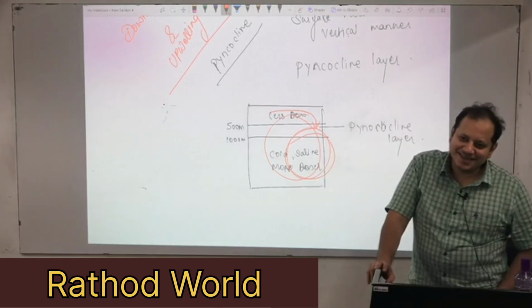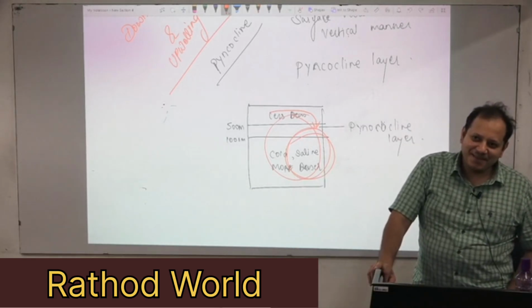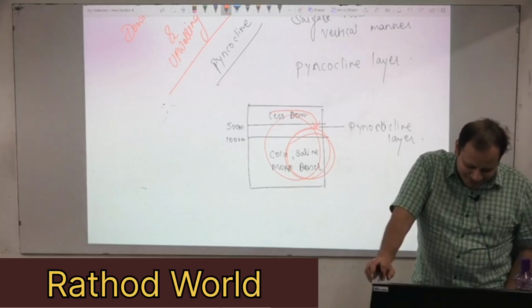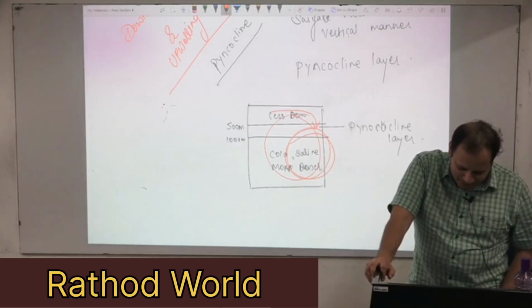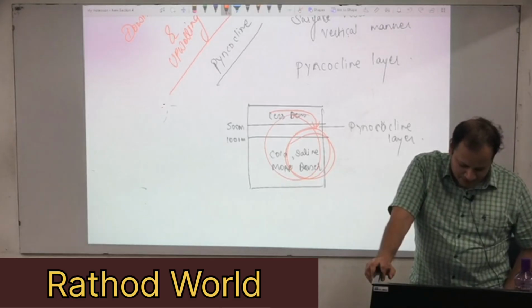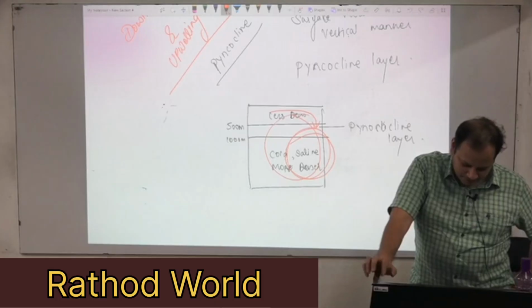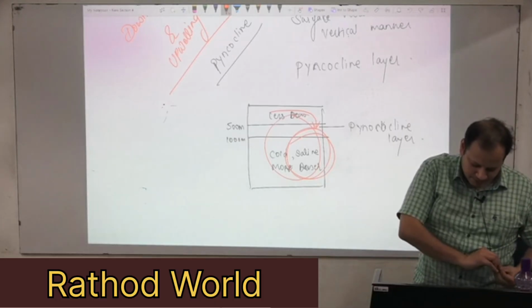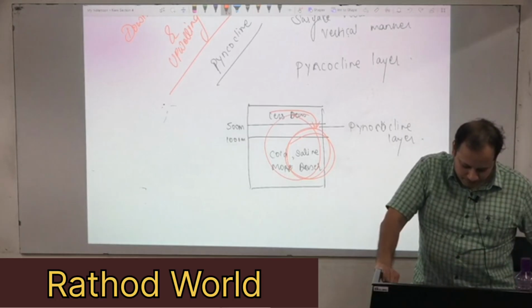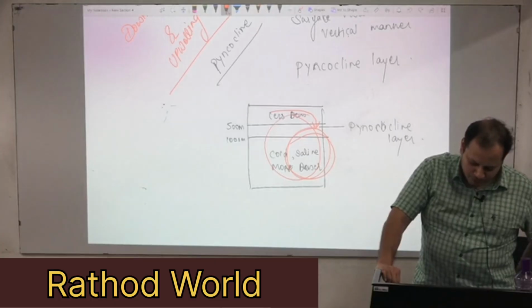Its density also matters. So you can take down: the convergence causes collision of warm and cold ocean currents.